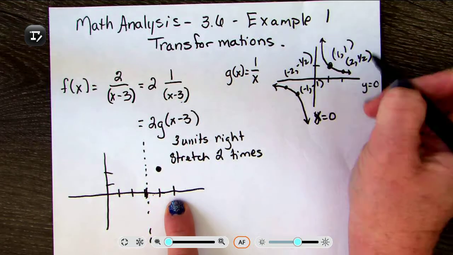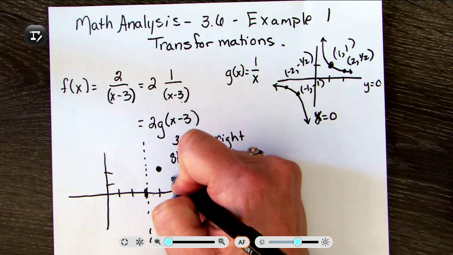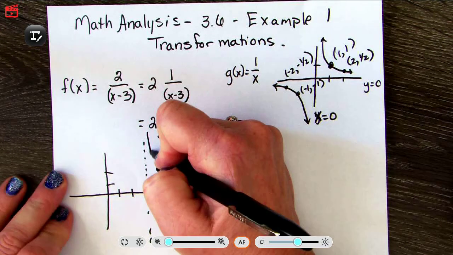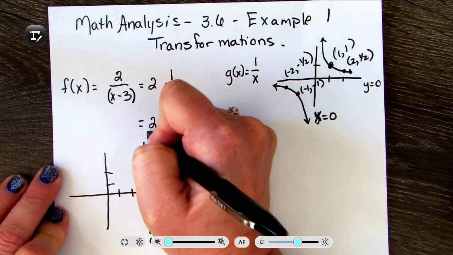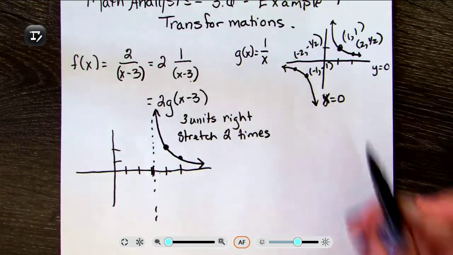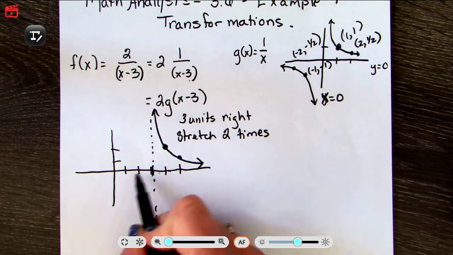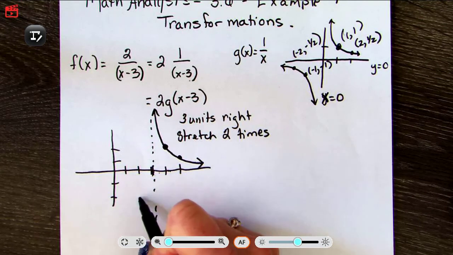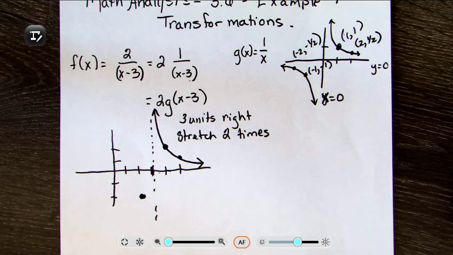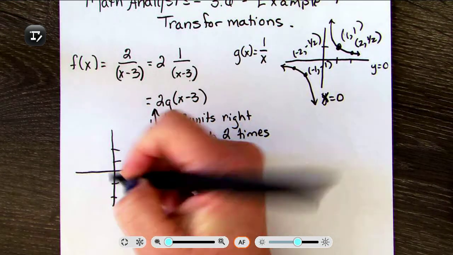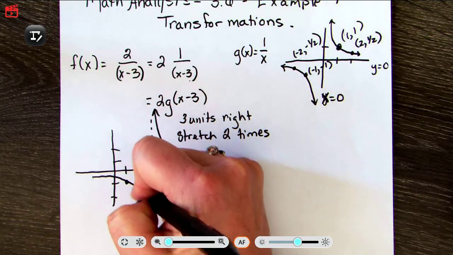So our point here at 1/2 is also going to be multiplied by 2. And it will still look similar to that. These guys again are being moved and stretched. So I'm going to stretch that to a 2 and stretch my 1/2 to 1 and kind of throw this in here.